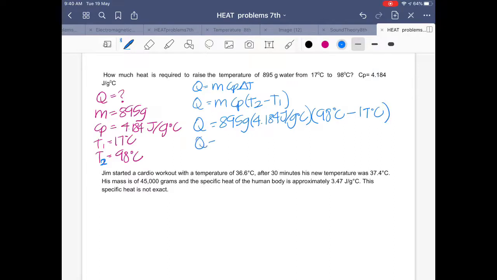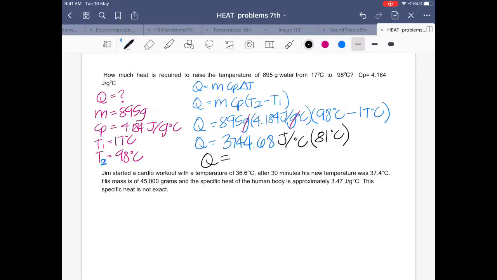So heat equals 895 times 4.184, you have 3,744.68. You cancel grams with grams, so you have joules over degrees Celsius, and then 98 minus 17 will give you 81 degrees Celsius.